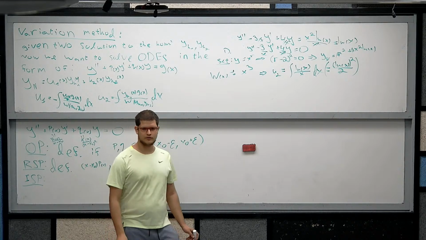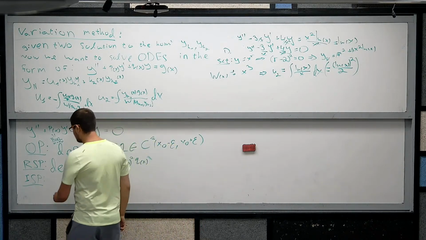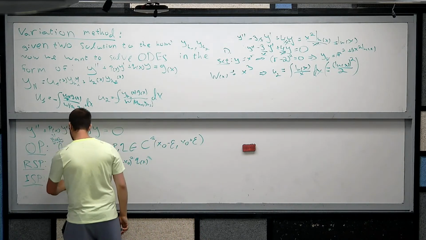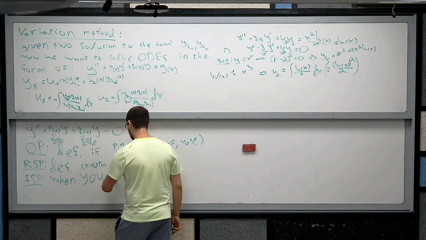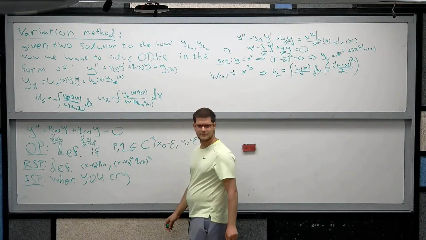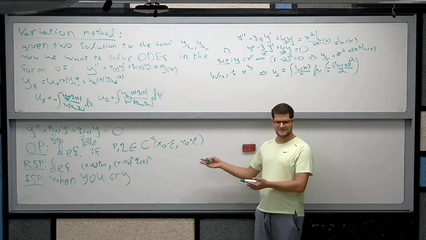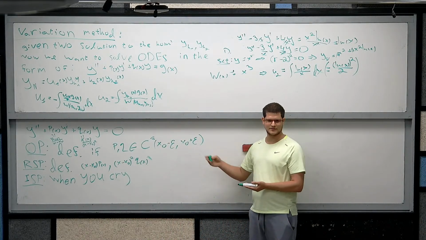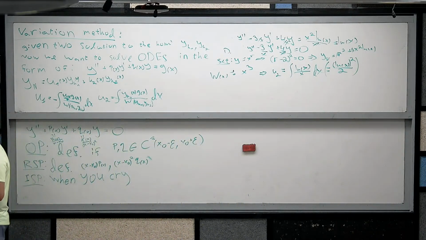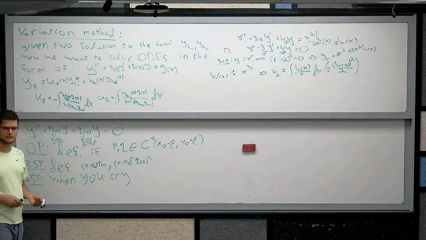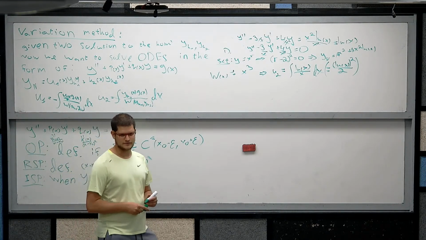Regular singular point is just when you cry. If you start crying, it's because it's a regular singular point. Therefore, you don't have a recipe for how to solve that, and you need to be smart, wise.